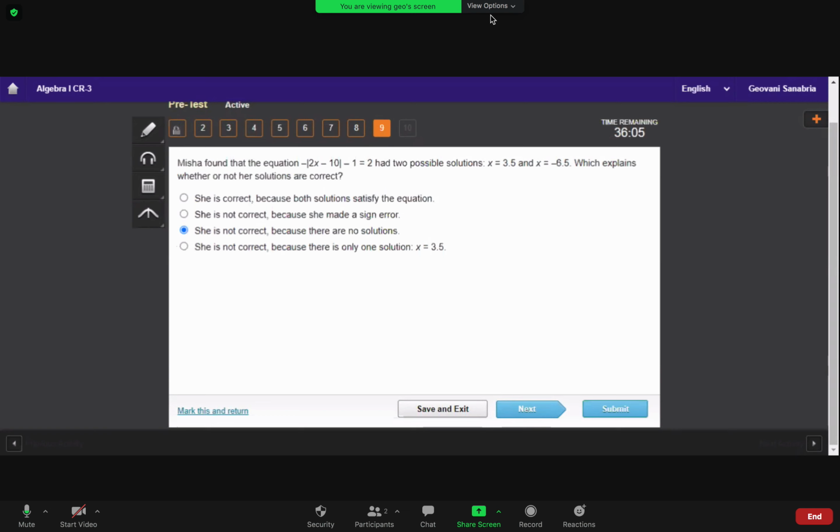And then -3 minus 1 is -4. So that doesn't work. And then if you did the -6.5, times 2 equals -13, minus 10 equals -23. The absolute value makes it into a positive 23, but then the negative makes it back into a -23, minus 1 equals negative 24, which is also not 2. There is no solution to this.